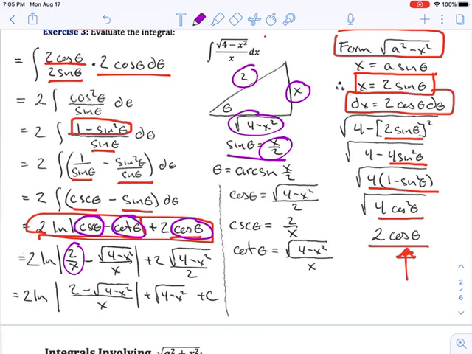So cotangent, being the reciprocal, is adjacent over opposite, so it's the adjacent side over the opposite side. And then the cosine is the adjacent side over the hypotenuse. So you need to know your right triangle trigonometric formulas and identities.